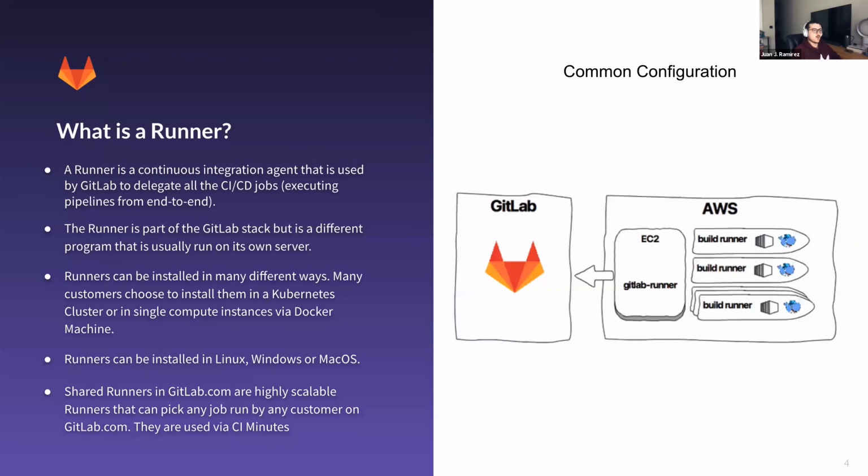I wanted to explain what a runner is first, because I don't want to assume that everyone knows what a runner is. It's easy to fall into that trap, because we are all in Ops and we are all in Verify, we kind of know what a runner is.